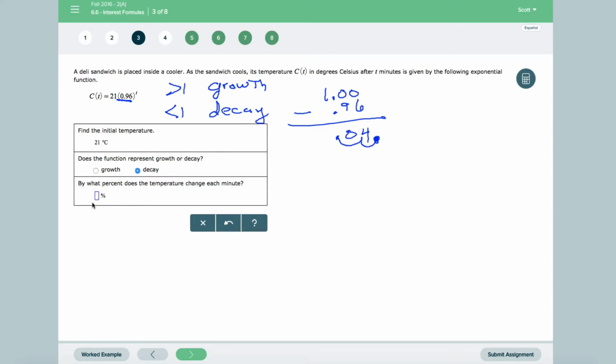So it's changing by 4%. So if it's ever decay, and let me switch to a clean screen here, if it's ever decay, you take 1 minus whatever is inside the parentheses. Whatever's inside those parentheses, it'd be 0 point whatever. That is your percent of decay.